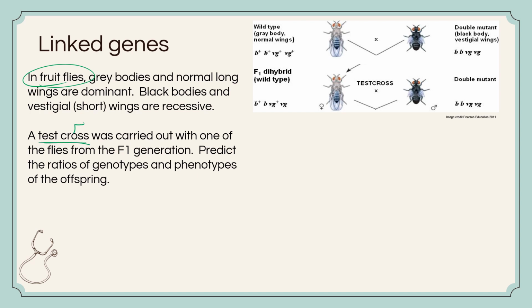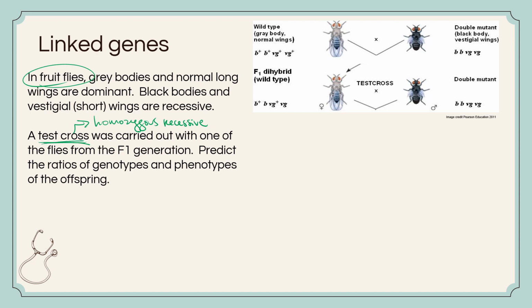Remember test crosses? We're going to have one parent who is homozygous recessive, in this instance for both traits. We talked about test crosses a couple lectures ago. We use homozygous recessive because that will allow us to figure out if our dominant phenotypes are heterozygous or homozygous dominant genotypes.